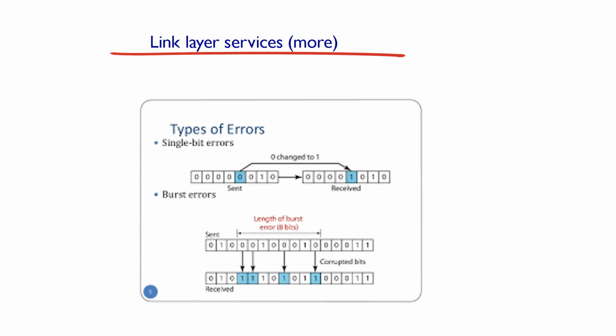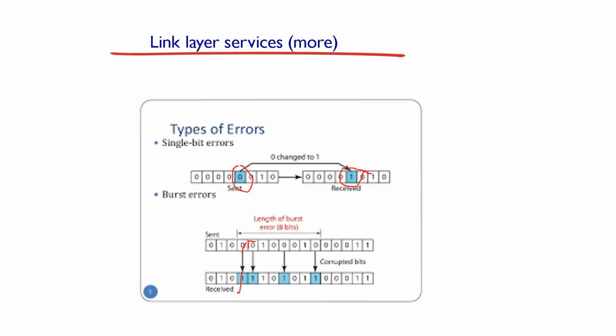Here we can see the two types of errors. One is single bit error. The data from the source in this position is 0, but it is received as 1 at the destination. So this is known as single bit error. In the case of burst errors, a set of data is getting altered. Here, this is the sending side and this is the receiving side. The sender sent 0 and the receiver received 1.